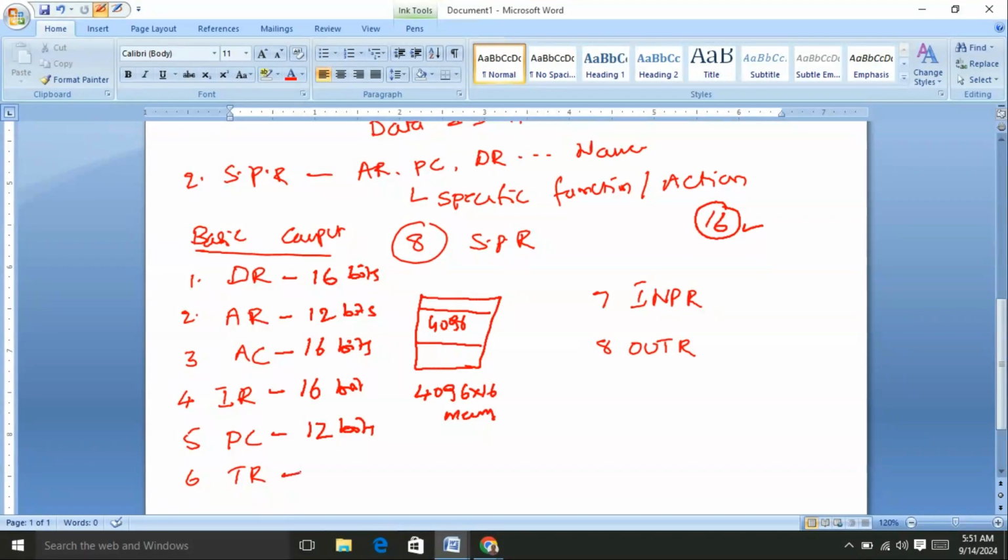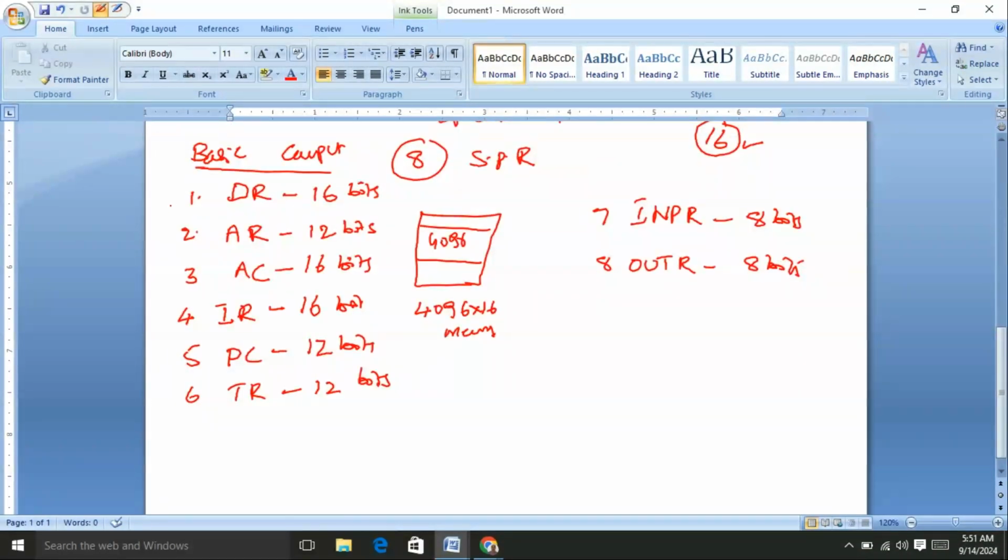And temporary register, to handle or to store intermediate results, this is also 12 bits. And INPR, input register, this is 8 bits. And output register, OUTR, this is also 8 bits. Here I give one more clarity, what is the need of the temporary register and each and every register.